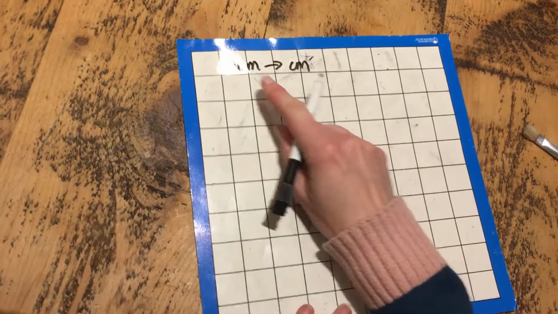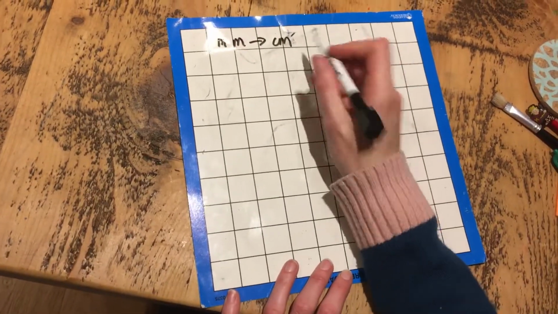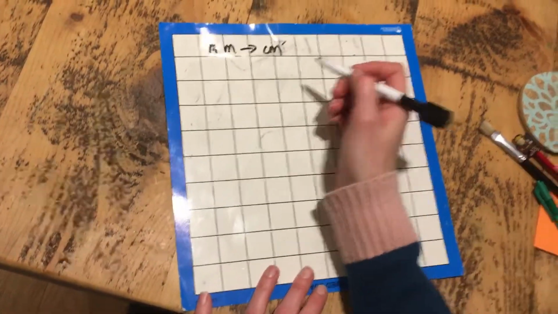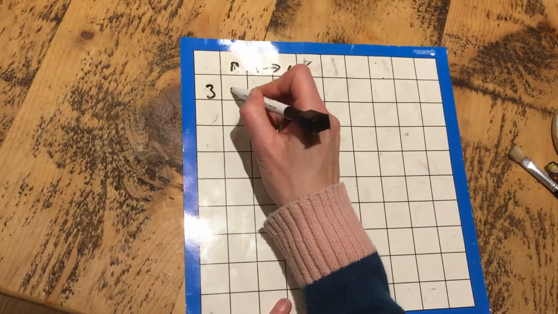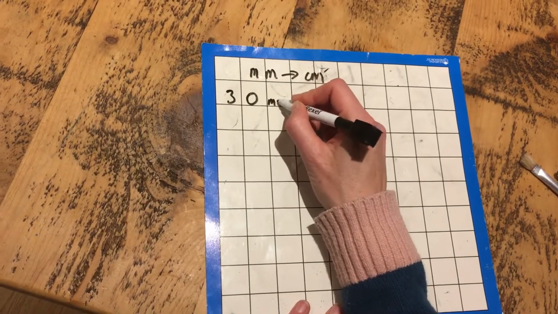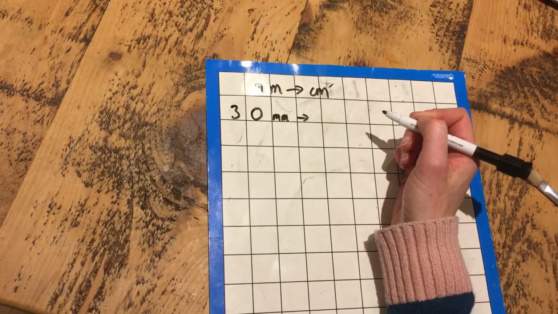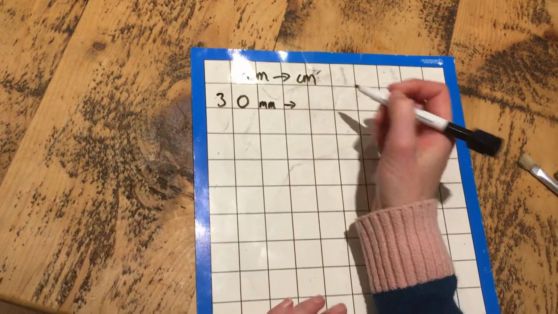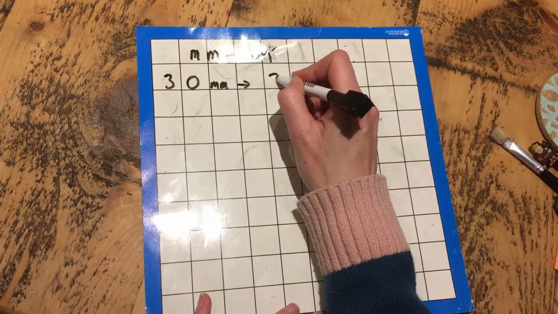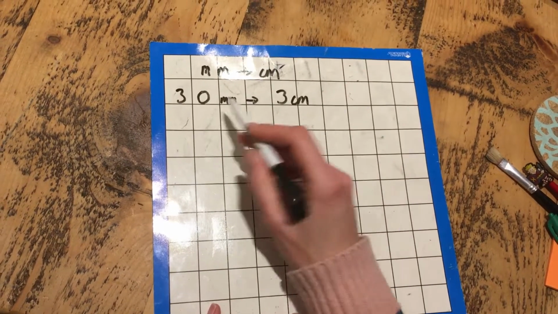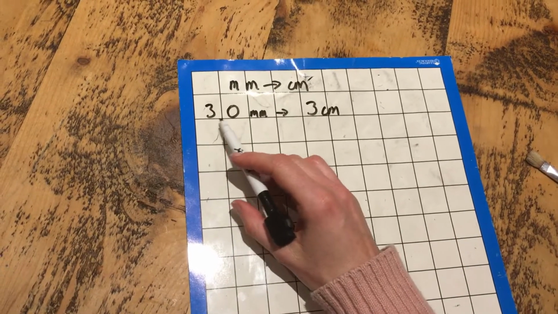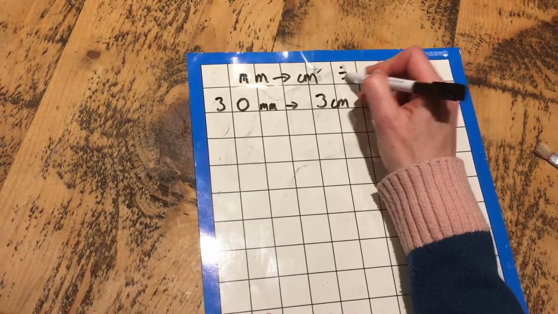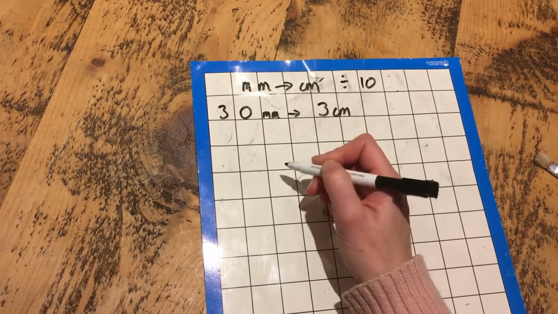Have a look at a ruler if you're really stuck. Let's start with 30 millimetres into centimetres. The answer is 3 centimetres because there are 10 millimetres in every centimetre, so you're dividing by 10.